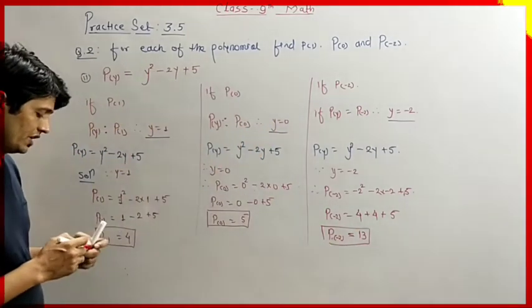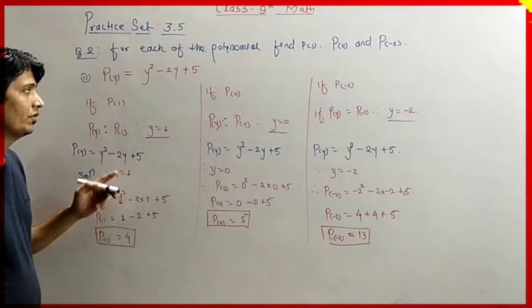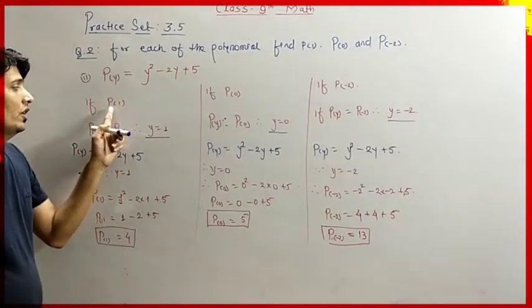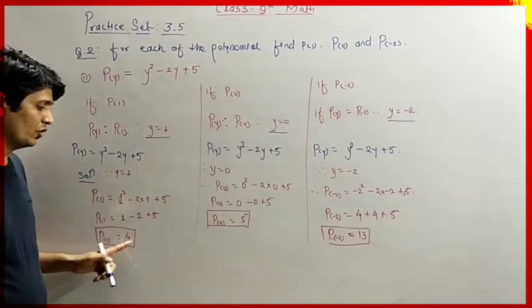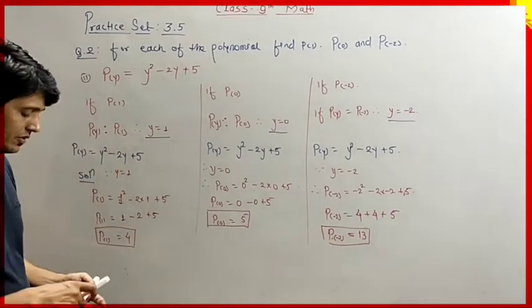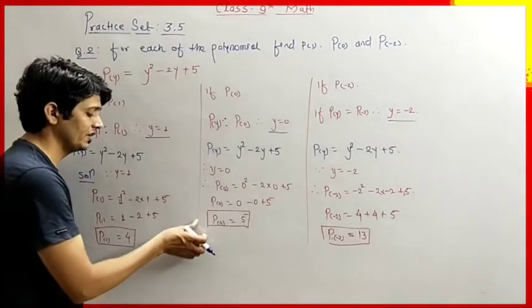So here we got the values of the polynomial for P1, P0 and P minus 2: 4, 5 and 13. Now we have to write the result.